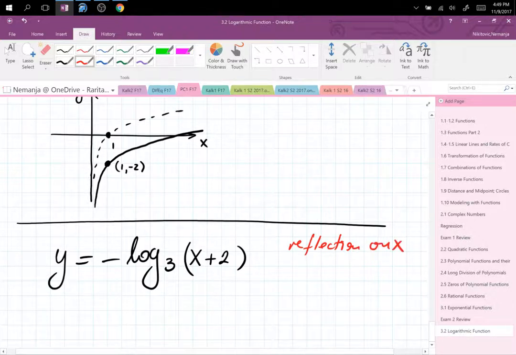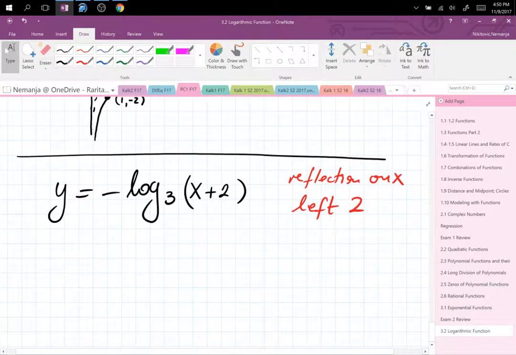And what else do I have? We have left 2. So if this value modifies x directly, which means in parentheses, it's left-right. If there are no parentheses, then it modifies the whole thing, and it's up and down.